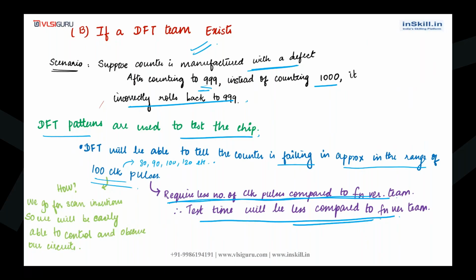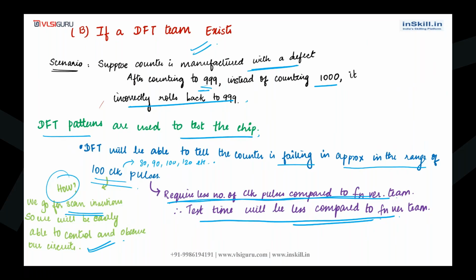And how are we able to tell that the counter is failing in such significantly fewer clock cycles? It's because we will be going for scan insertion. Because of that, we will be easily able to control and observe our circuit.